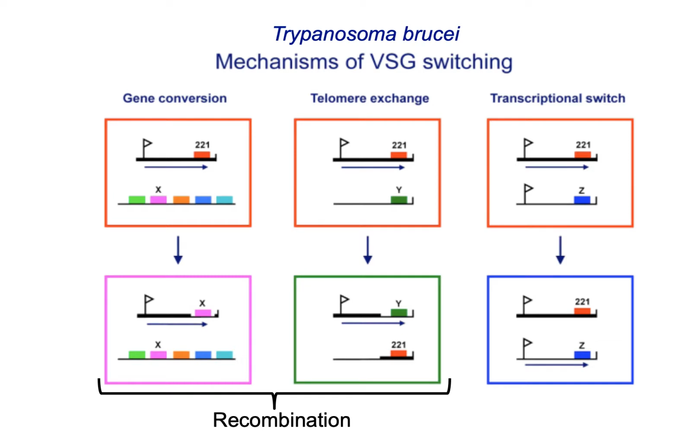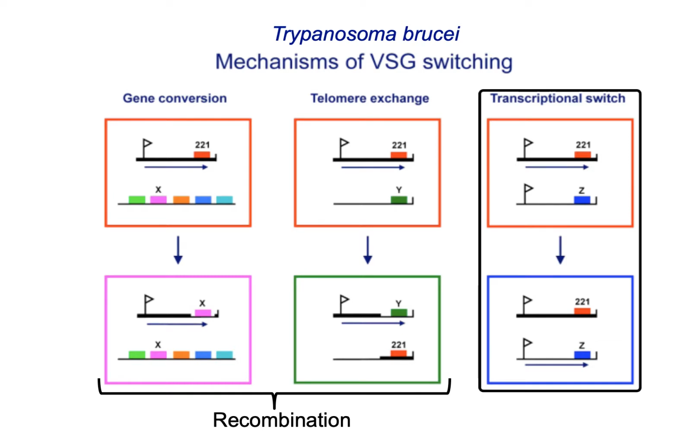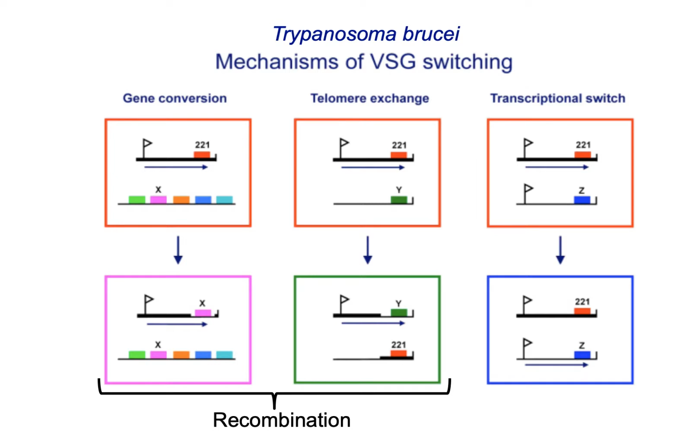And then finally, without recombination, it can switch transcription from one chromosome to the other, so that at one time it will produce one type of protein, and at a different time it can produce a different type of protein, and in that way evade the immune system.